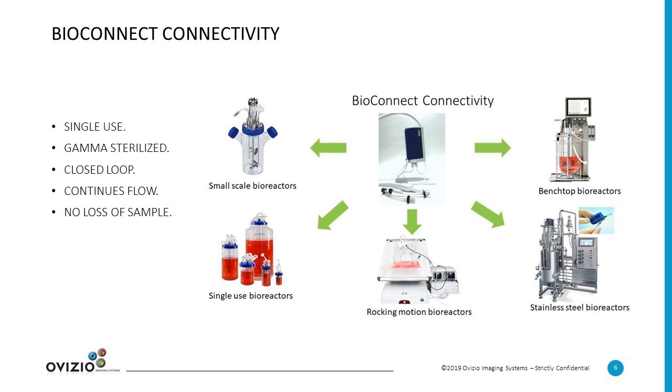So it's a single-use, gamma sterilized device in a closed-loop system that ensures a continuous flow, and in the end, there is no loss of sample volume. All cells and all samples that go to the microscope go back into the bag.